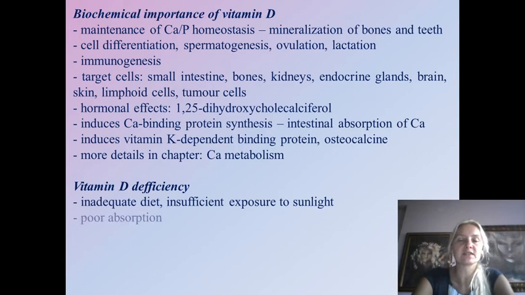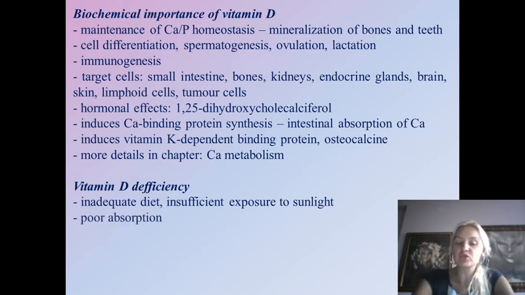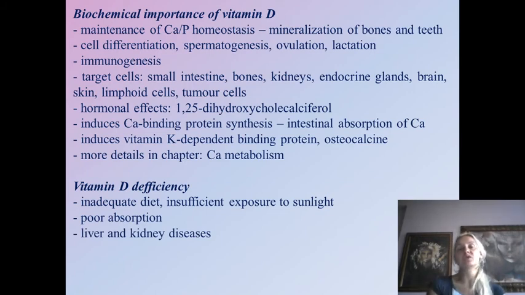Think about it. Also, deficiency can be a result of poor absorption from the GIT due to some inflammatory processes in the GIT or some allergies to food and so on. Of course, liver and kidney diseases may end up in vitamin D deficiency due to the fact that it's bioactivated and metabolized in both liver and kidneys.